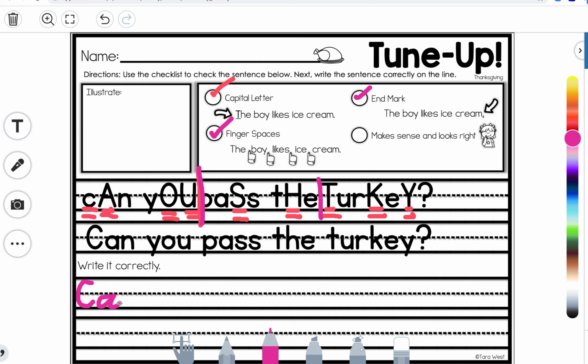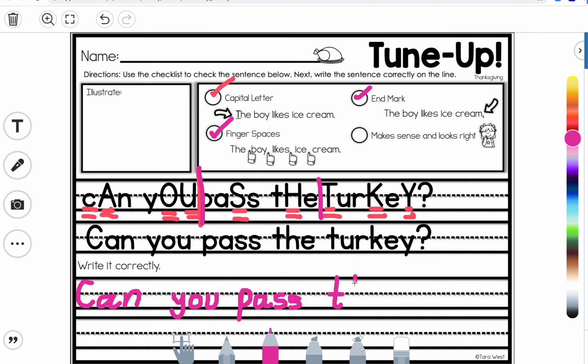If you can't write in Seesaw, and I understand some of us can't, you can absolutely write on a piece of paper and upload a picture on here. Make sure that you're adding those spaces in between. Make sure that your writing is sitting on the line and that you are making all of your letters from the top and not the bottom. Okay?